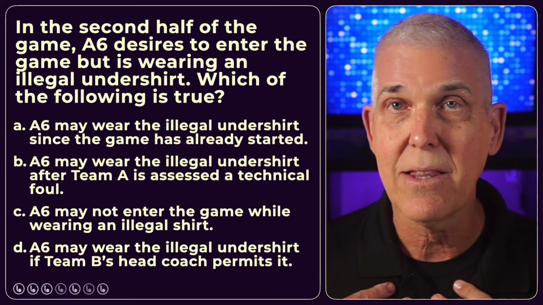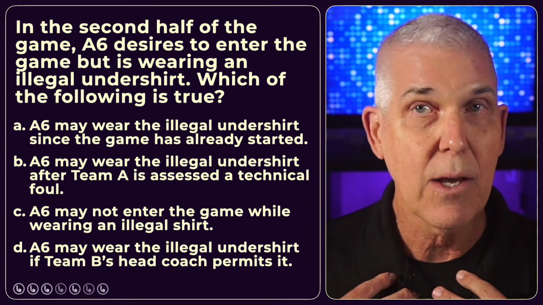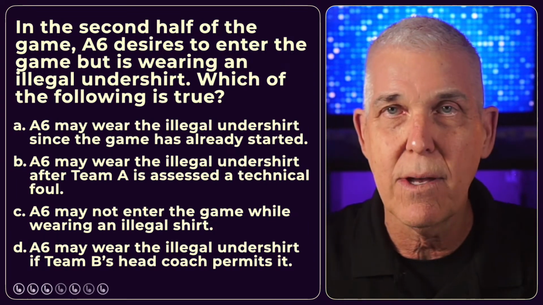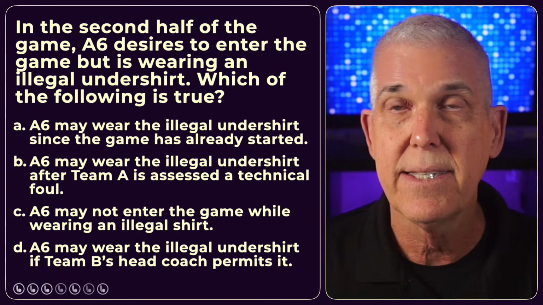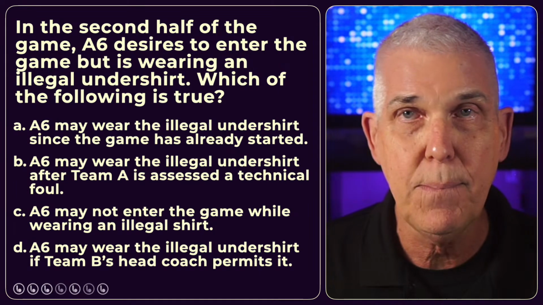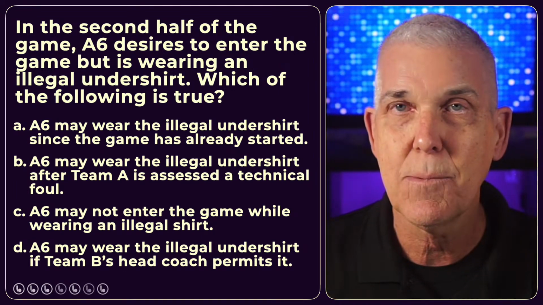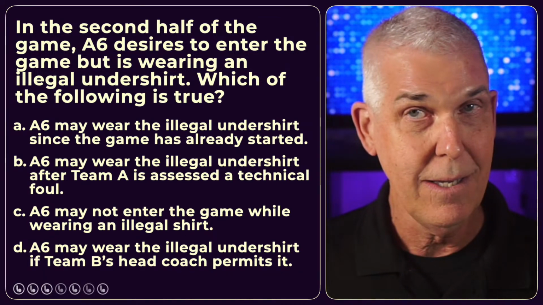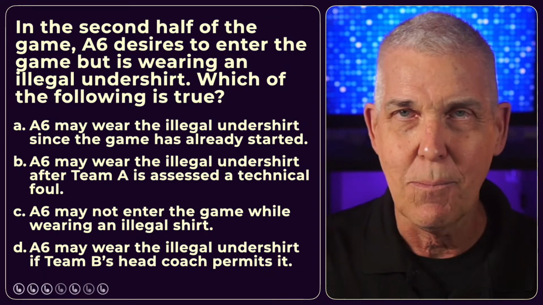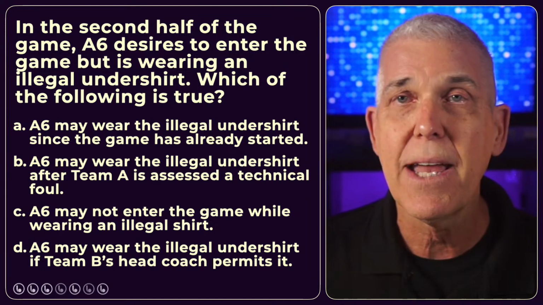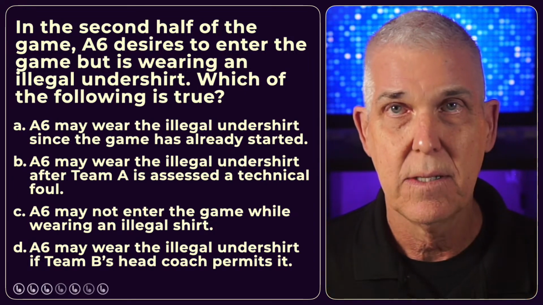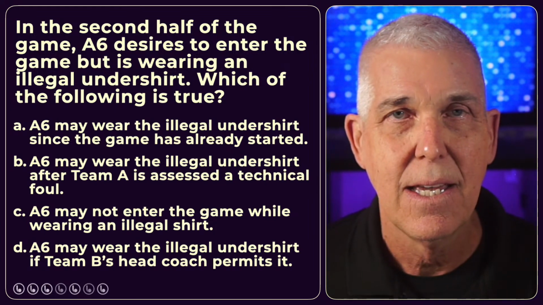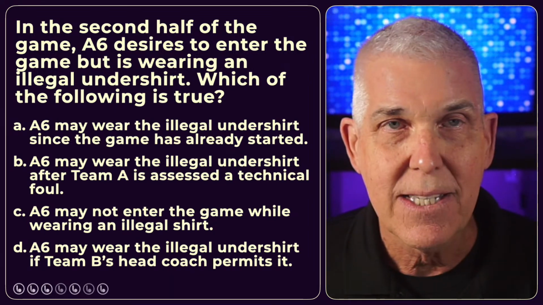When players are illegally equipped, their equipment, the color of their headbands, wearing jewelry, etc., they may not participate in the game. A player wearing an illegal jersey may participate, but there is a penalty for that. But a player with illegal equipment, as an undershirt would be in this instance, may not participate.